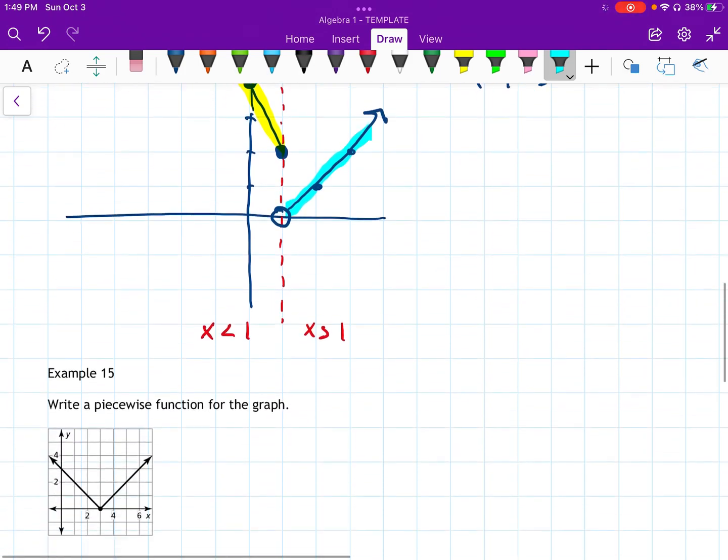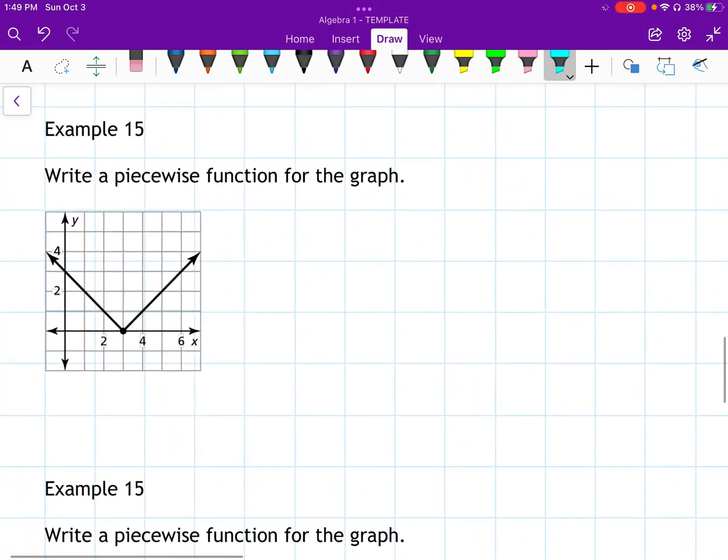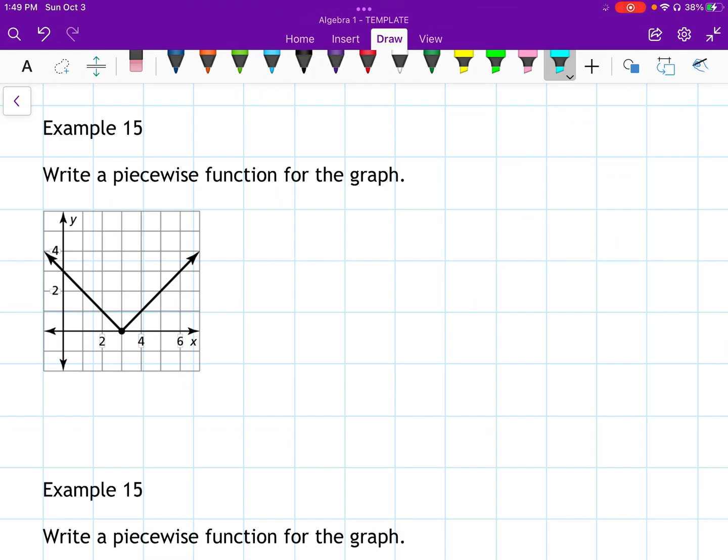All right, let's look at another one. We're going to write the piecewise function for the graph. This one's actually an absolute value graph, right? So we could describe an absolute value graph a little bit differently. I'll start off by saying, well, f of x equals, draw my squiggly lines. So let's start off by looking at this piece there.